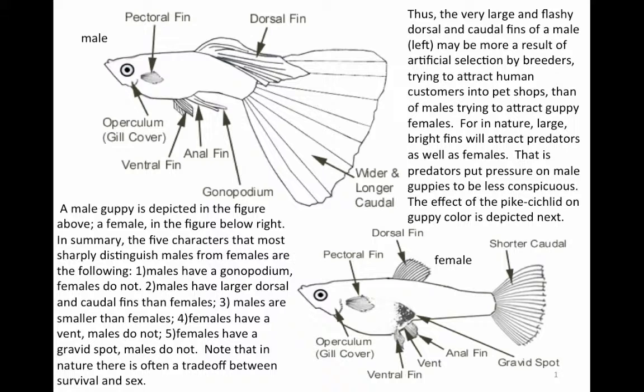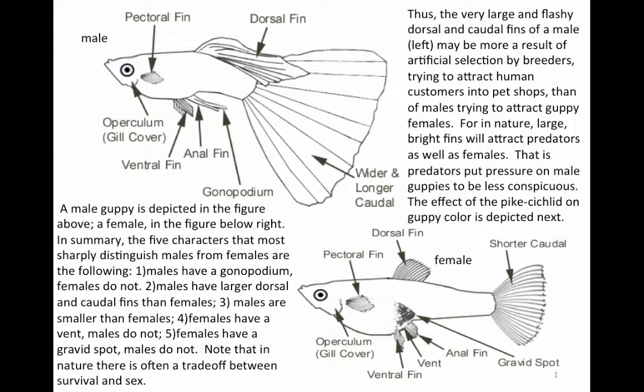The major male anatomical parts are, from left to right, pectoral fin, dorsal fin, caudal fin, gonopodium, anal fin, ventral fin, and the operculum. In the female diagram below, right, the anatomical parts are the same except the anal fin is without a gonopodium, and the female has a gravid spot and a vent.